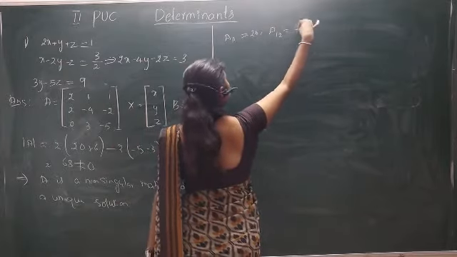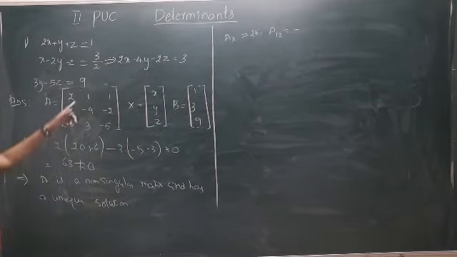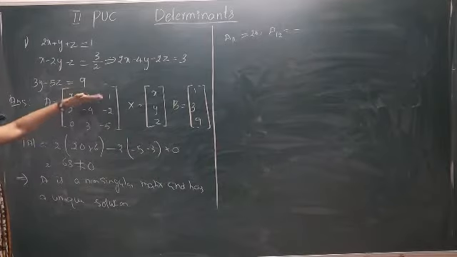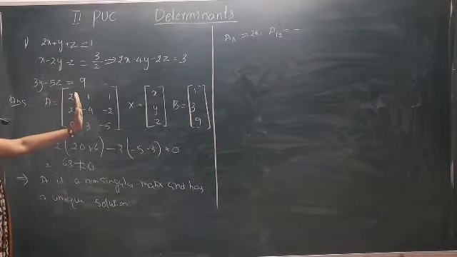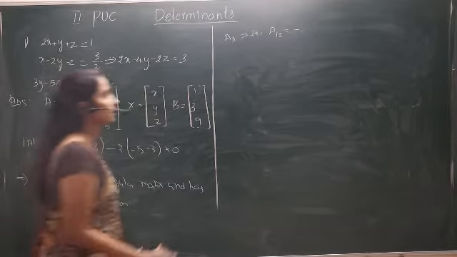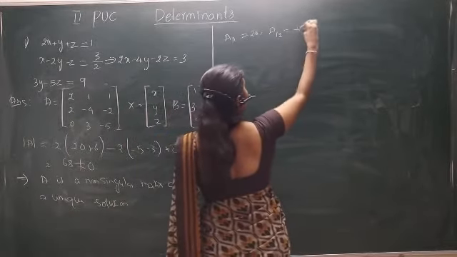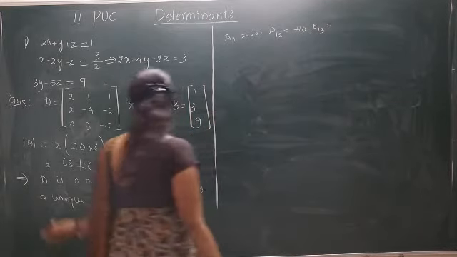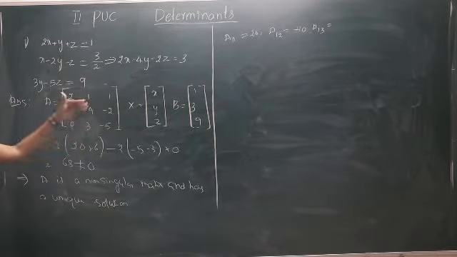A12 is minus, by deleting first row and second column. So what we get, minus 5, 0, so minus minus becomes plus 10. Then A13 is by deleting first row and third column, that is 6 minus 0, so it is 6.